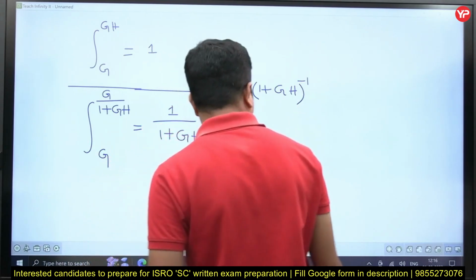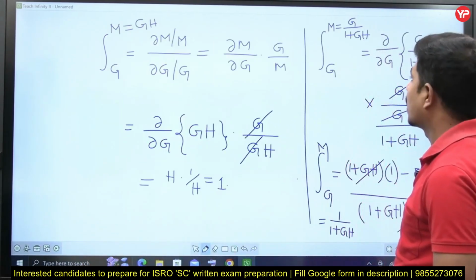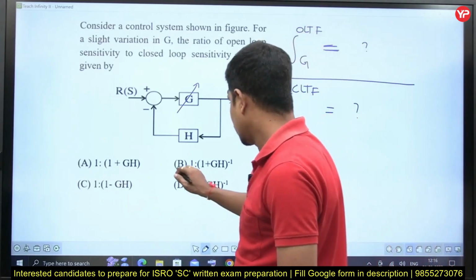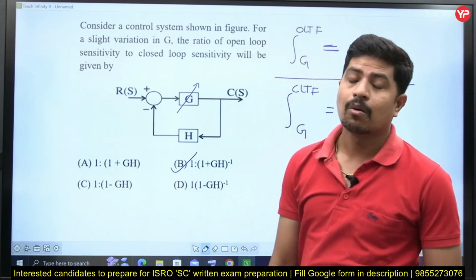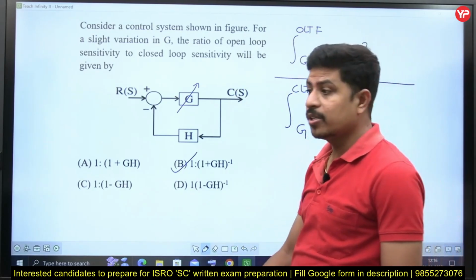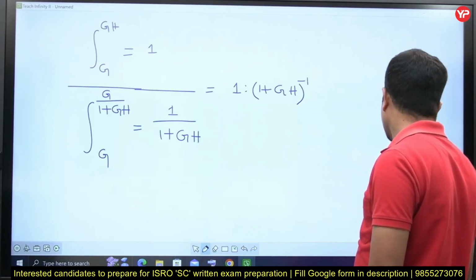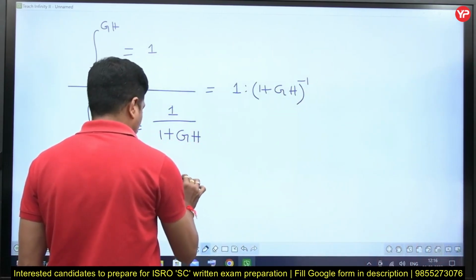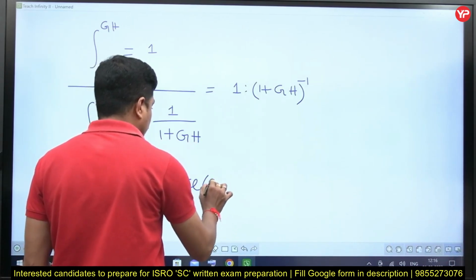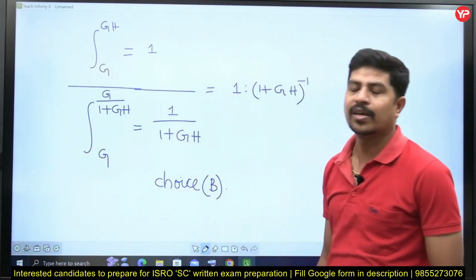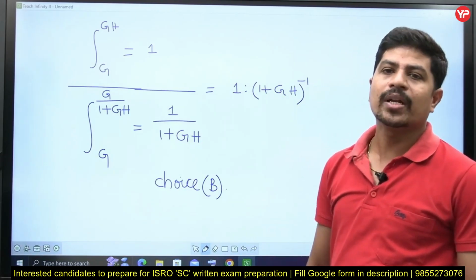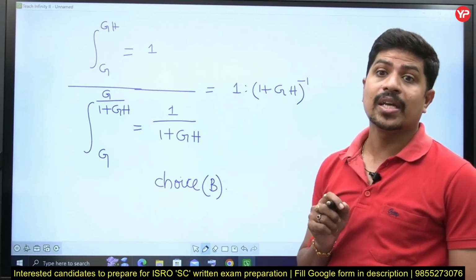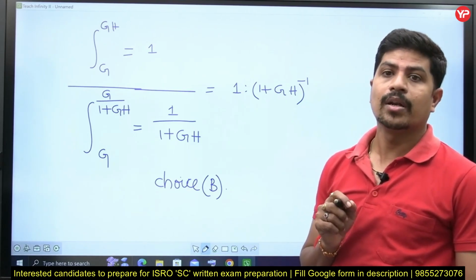Which option is correct? Choice B perfectly suits here. So this way we can do it very easily, but understanding the question is very important. Let's go to the next.